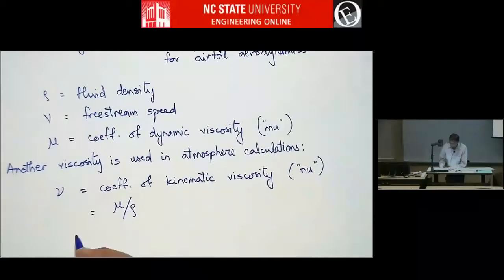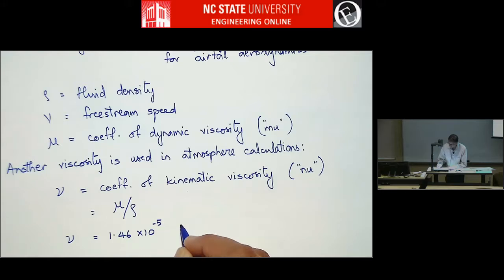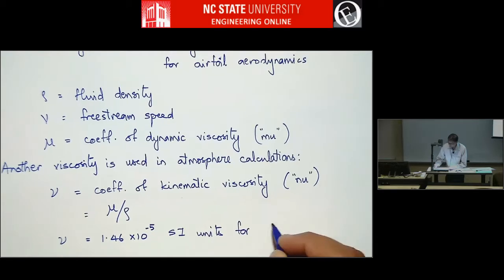Now, nu, just for reference, is 1.46 times 10 to the power minus 5 in SI units for standard sea level air.